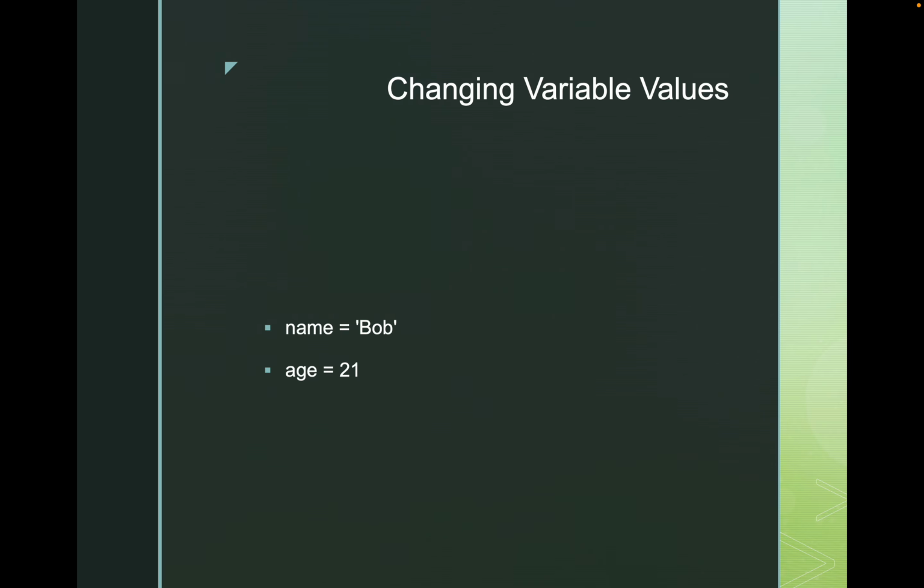It removes the previous ones and saves Bob and 21 instead of Alice and 20, which we did earlier. This flexibility allows your program to store and update information as it runs. Let's move on to the next slide.